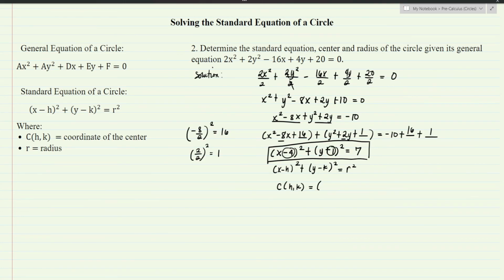So our h, k here would be positive 4 and k would be negative 1. So this is now the coordinate of the center of the circle. As for the radius, we will just equate r squared with 7. Then taking the square root on both sides, the radius of the circle here would be equal to the square root of 7.